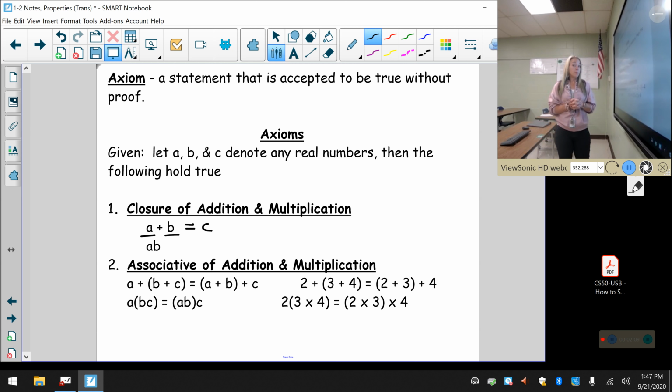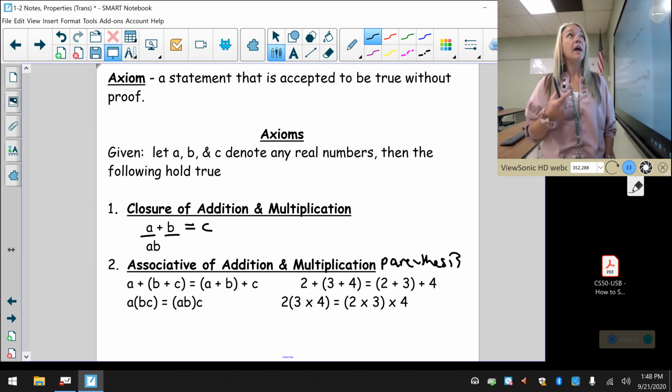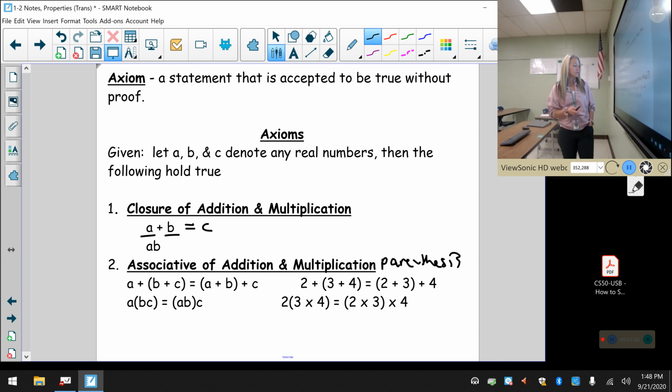Associative property of addition and multiplication. Okay, this one has to do with the parentheses. So anytime you see associative, think of the parentheses or the grouping. Sorry about my messy writing there. But we're going to think about parentheses. Okay, A plus B plus C equals A plus B plus C. What that means is it doesn't matter which ones I add together first, I'm still going to get the same solution, the same answer.